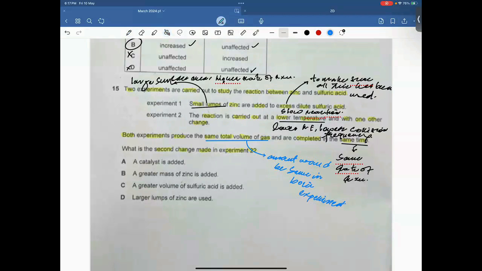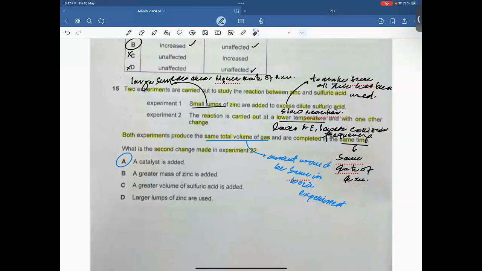That means the rate of reaction increases. Although the temperature is lower, it lowers the rate of reaction. But when we add a catalyst, it increases the rate of reaction, which is why both reactions finish at the same time. So that's the only option left for me, I believe, after such analysis. So I believe A is going to be the right answer.